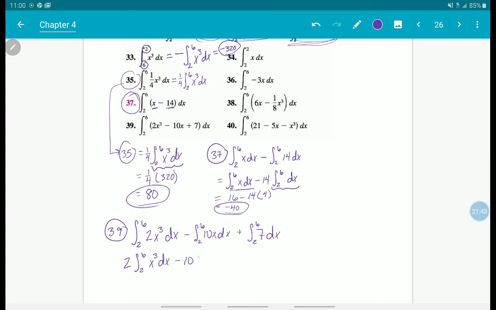So I'm going to pull the 2 out of the first one, the 10 out of the second one, and then the 7 out of the last one. They told us this was the same thing as 320. This one is the same thing as 16. And this one is the same thing as 4.